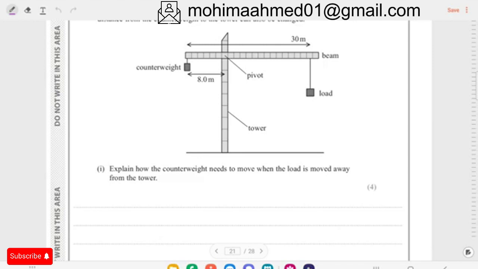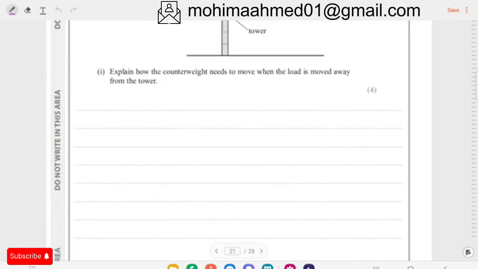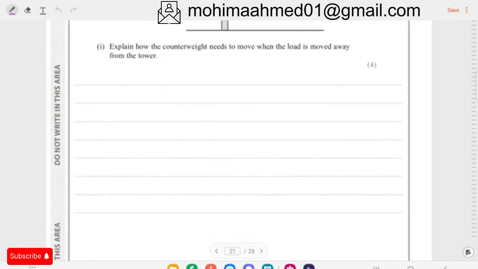And as we cannot change the weight of the counterweight, in order to increase the anti-clockwise moment, the counterweight should also be moved further away from the tower, right? In that case, the distance increases, and eventually the anti-clockwise moment will also increase. So we have to write our answer as that total clockwise moment must be equal to the total anti-clockwise moment about the tower.